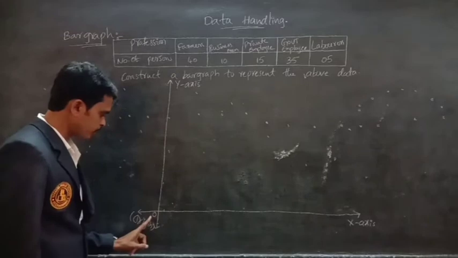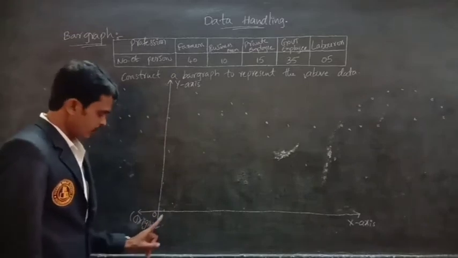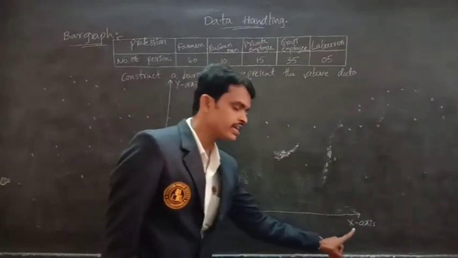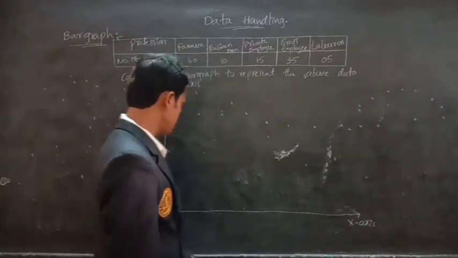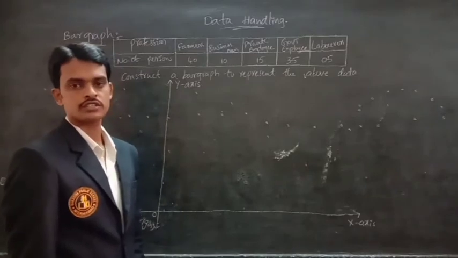Both are meeting at point O, that is called the origin. The horizontal line represents the x-axis and the vertical line represents the y-axis.